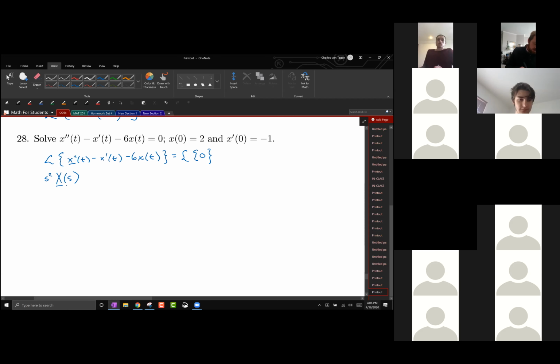So we've got s squared X of s, minus s times x of 0, minus x prime of 0. All of this is the Laplace transform of x double prime.